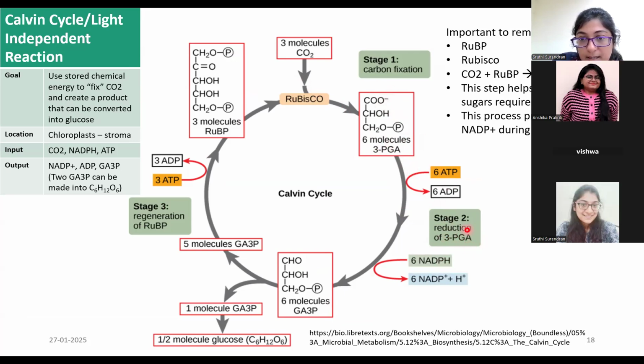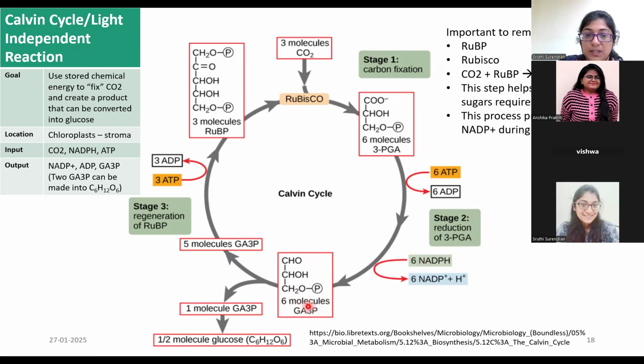You see this negative sign is going and it becomes something called CHO. Then with the help of NADPH, it is converted into another molecule called G3P or GA3P. You can use it both ways, I believe, because in some places they have given GA3P, some places G3P. So this 3-PGA molecule with the help of ATP and NADPH is converted into G3P.